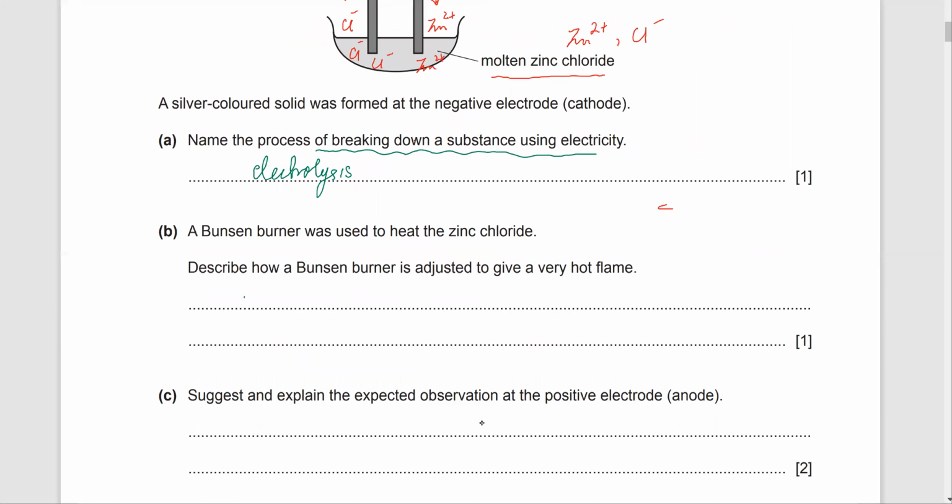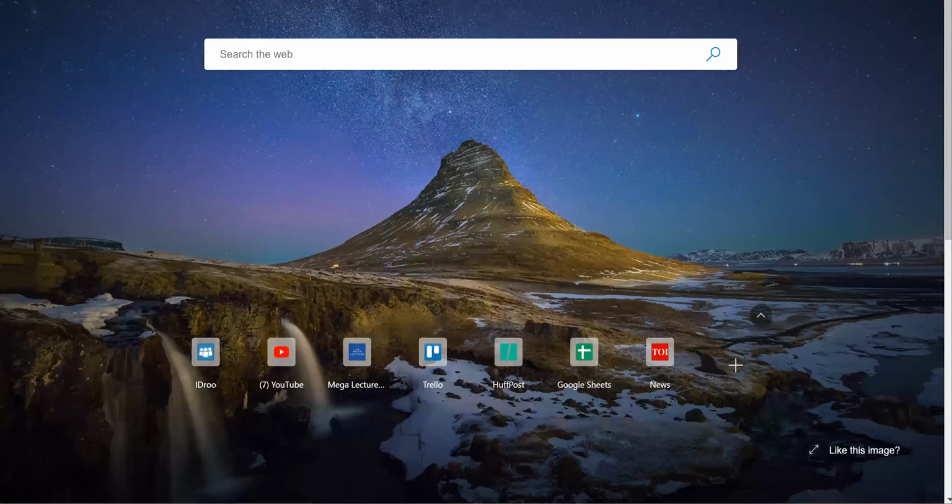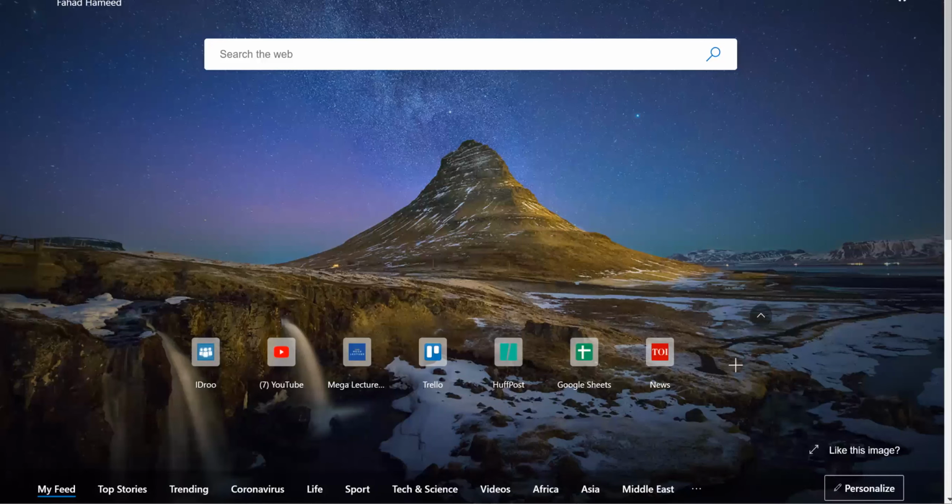So the air intake is opened, or adjusted. We can check how they're actually answering this, like how much detail is required. I don't think any detail would be required for this.